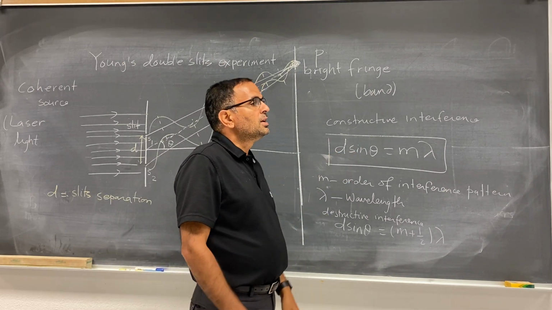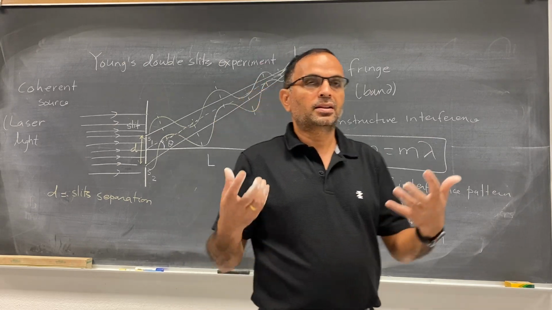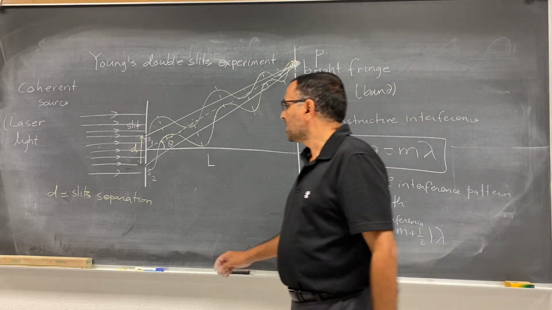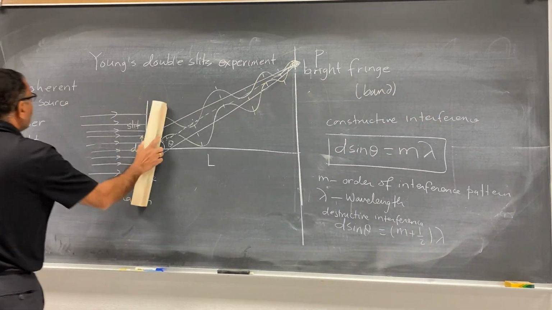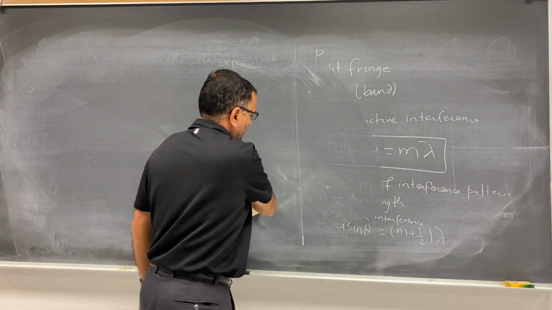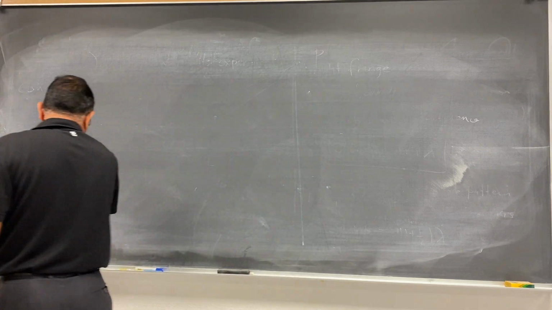So this is a very brief discussion about interference. Similarly, light waves can show the property of diffraction. Diffraction is the bending of light around the corner of an aperture.